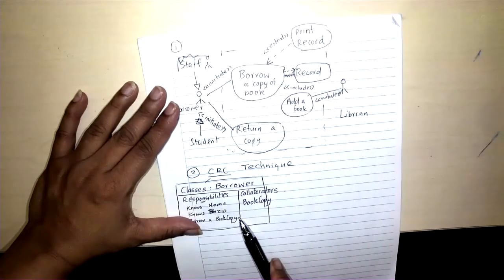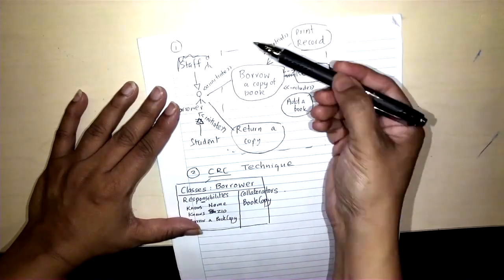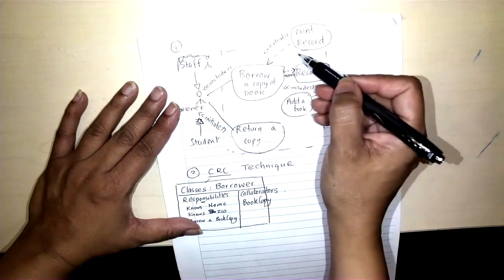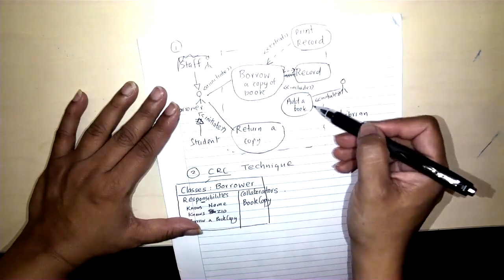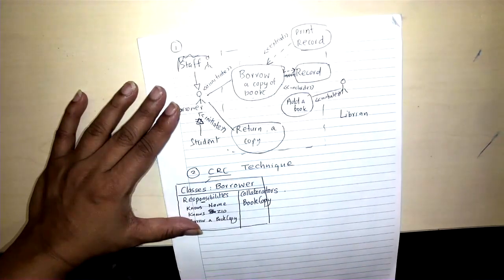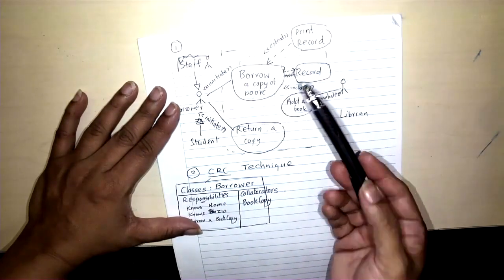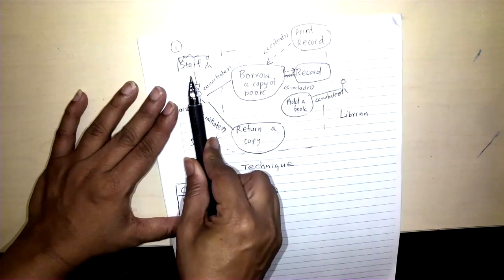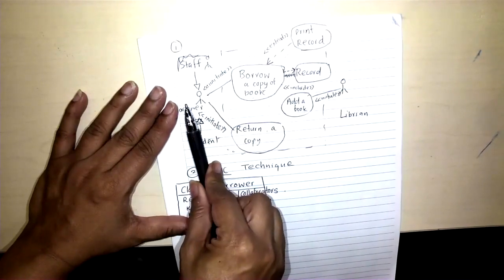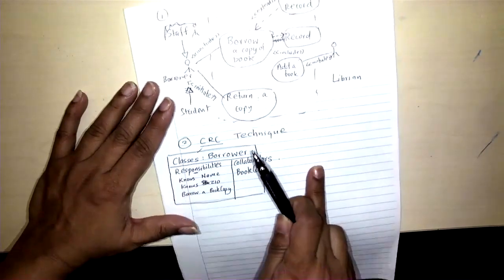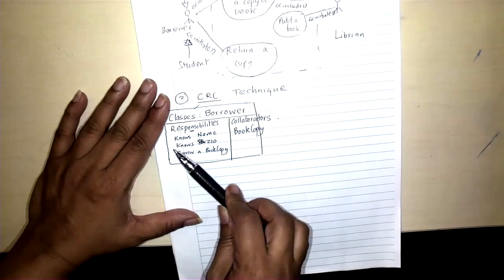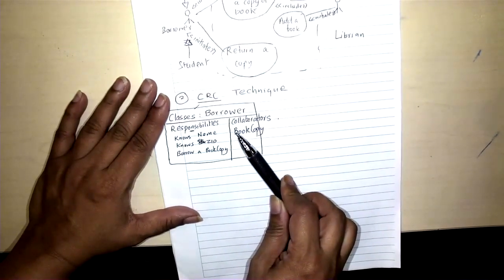Now what we're trying to do using the CRC technique is find out the components inside the system. So you're looking at the components inside the black box that need to collaborate together to deliver the behavior that's required by the actor. So in order to borrow a book, the borrower needs to collaborate with the book copy.